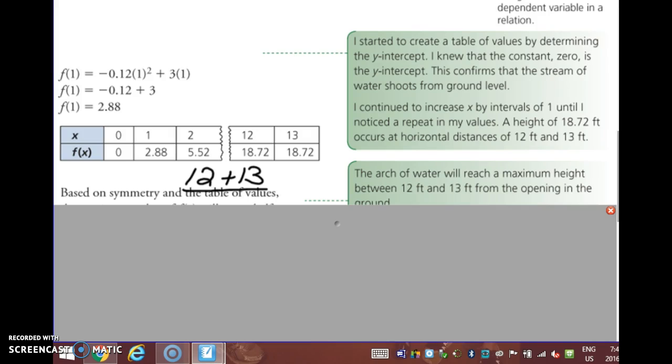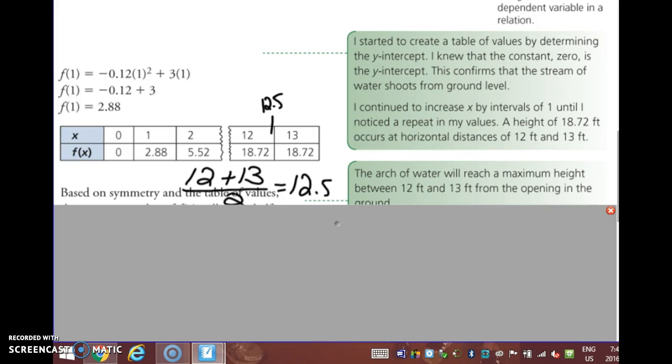So if we go 12 plus 13 divided by 2, we should get 12.5. So at 12.5 feet, this is when our water is reaching its maximum height.